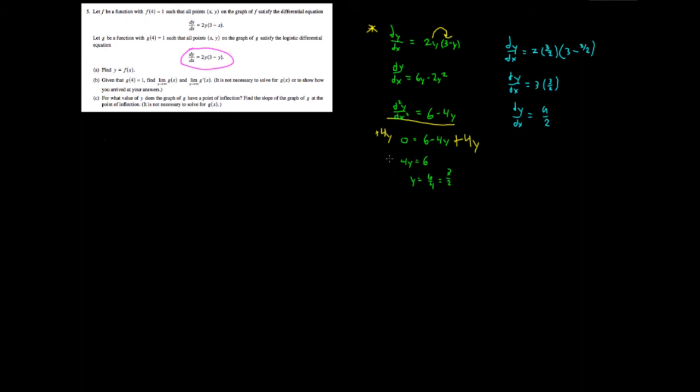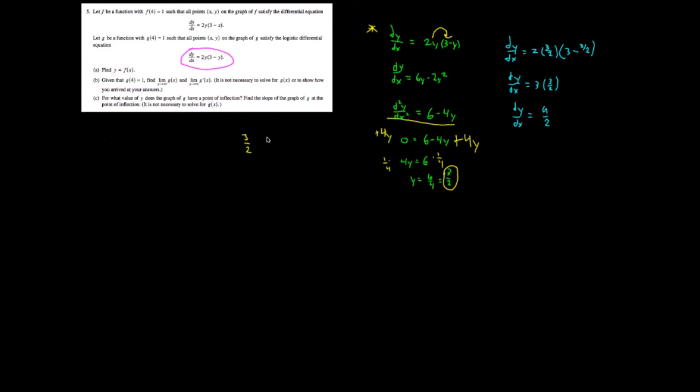And now all you have to do is divide by 4, or multiply by 1/4. And you get y equals 6 over 4, or 3/2. So this is the y value for the point of inflection on the graph of g. 3/2. Easy. So that's the first part of C.